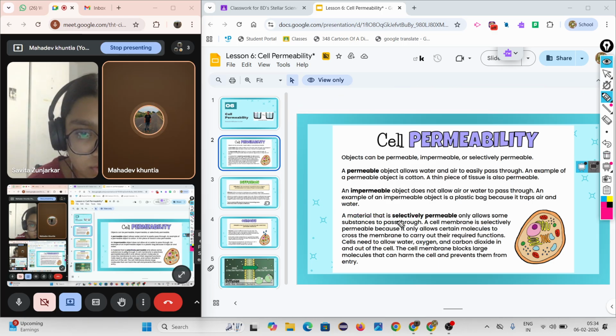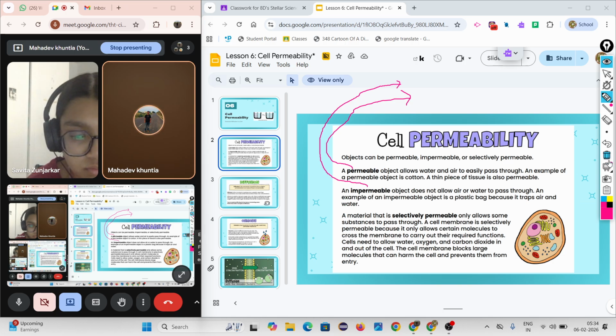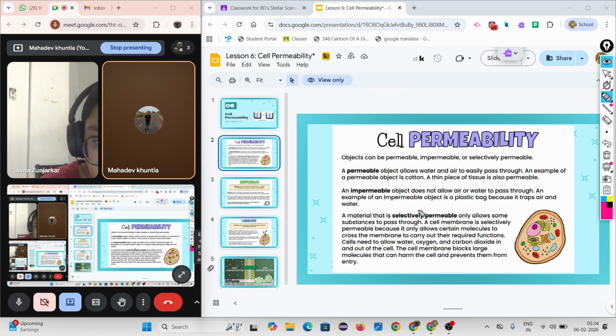Look, a material that is selectively permeable only allows some substance to pass through. Permeable means it can pass any substance. Impermeable means it cannot pass any substance. But selectively permeable means only some selective substances can pass through.